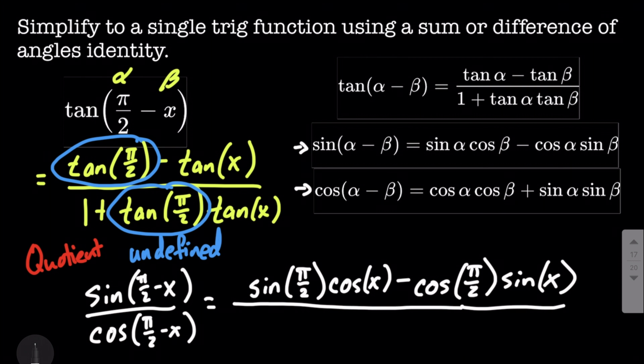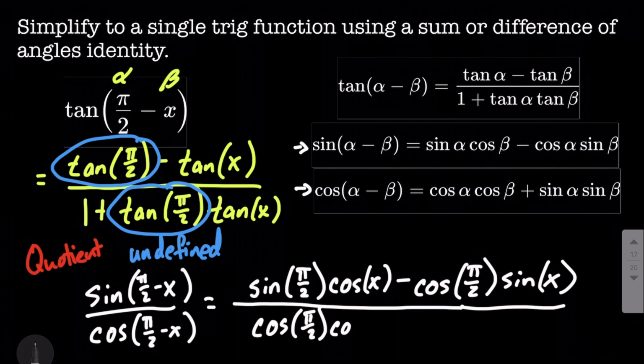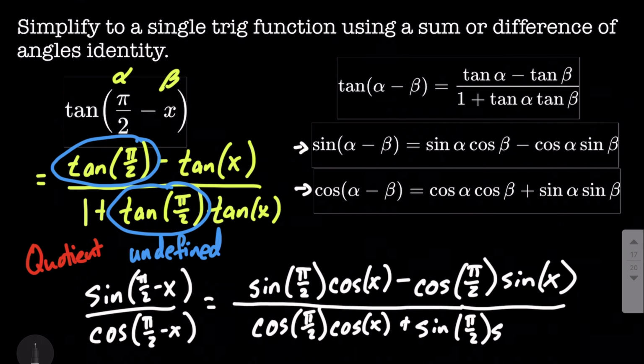And then for our denominator, let's do the same idea, right? It's going to be cosine pi over 2 multiplied by cosine of x plus sine of pi over 2 multiplied by sine of x.